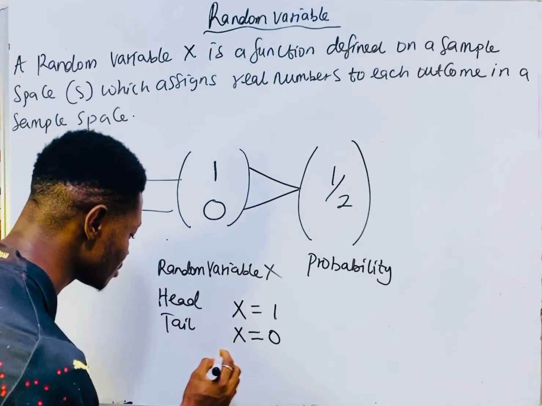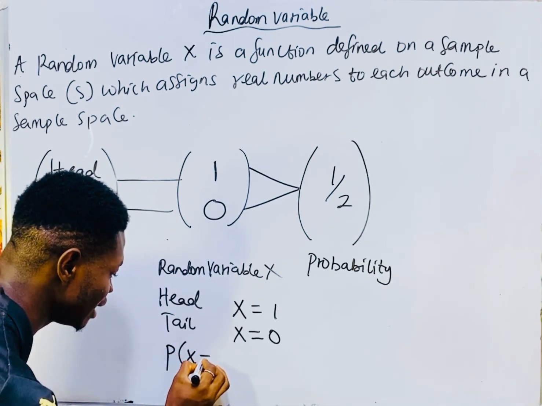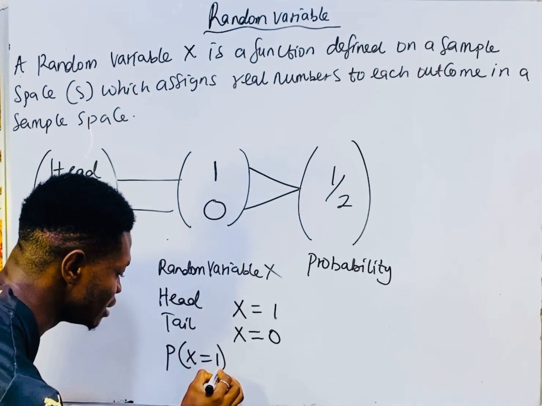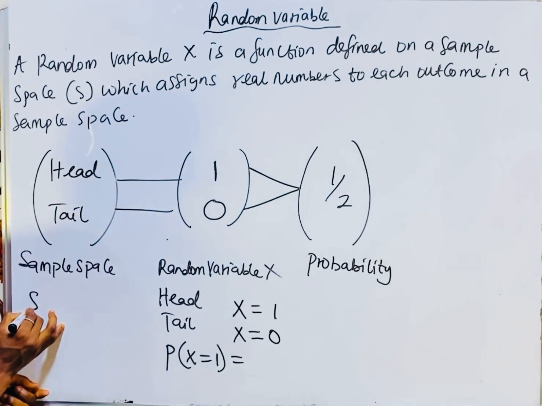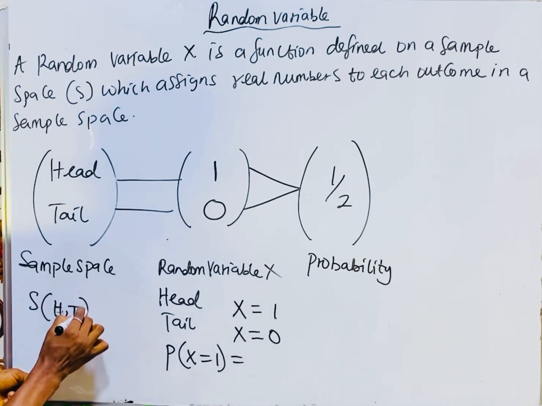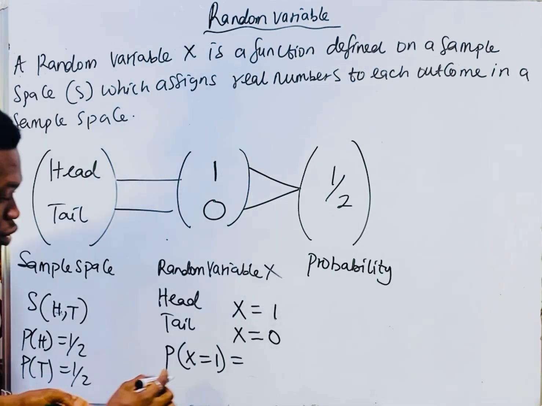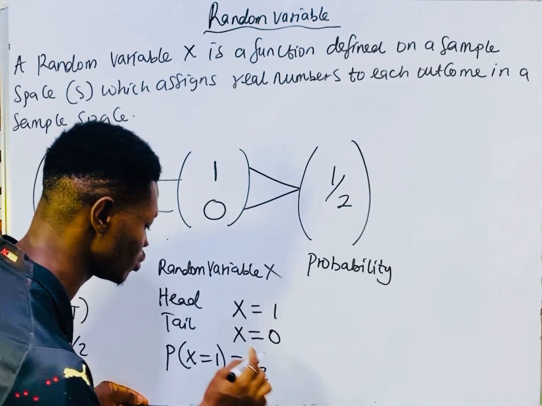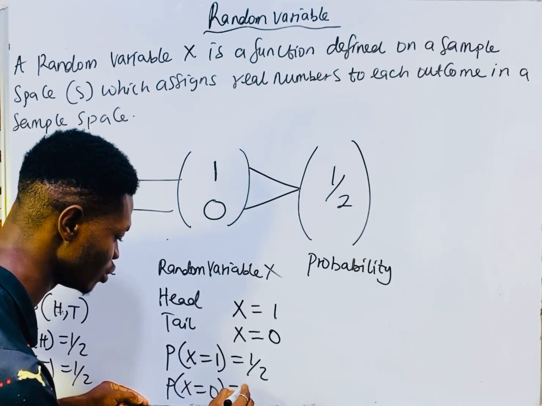Now the probability attached to this: as my x is equal to 1, the probability of obtaining head in this sample space, because this is our sample space, we have head and we have tail. So the probability of obtaining head here is 1 over 2. The probability of obtaining tail is still 1 over 2.